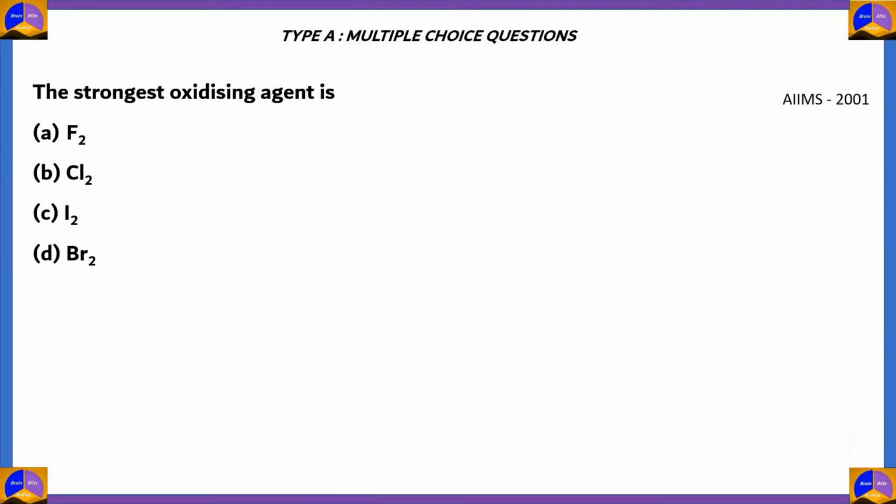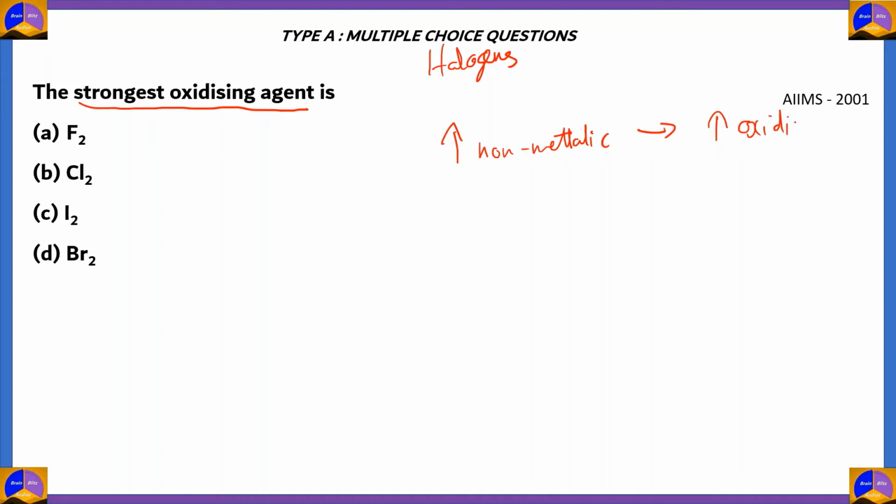Next question. The strongest oxidizing agent is F2, Cl2, I2, or Br2. So here we're dealing with the halogens. When it comes to elements across a period, the halogen is usually the strongest oxidizing agent. But when it comes to among halogens, the rule of thumb is that the more non-metallic character that an element has, the greater oxidizing power it has.